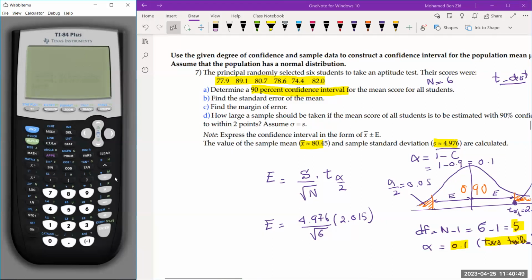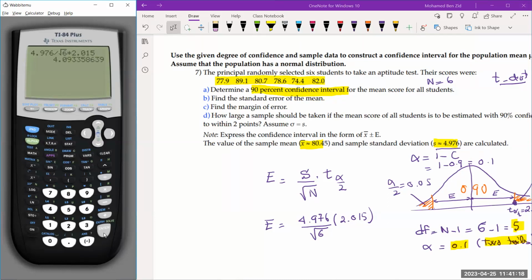I'm going to clear everything. Let's start with 4.976 divided by radical 6. So second, 6, and then exit the radical sign and multiply it by 2.015 and 5.